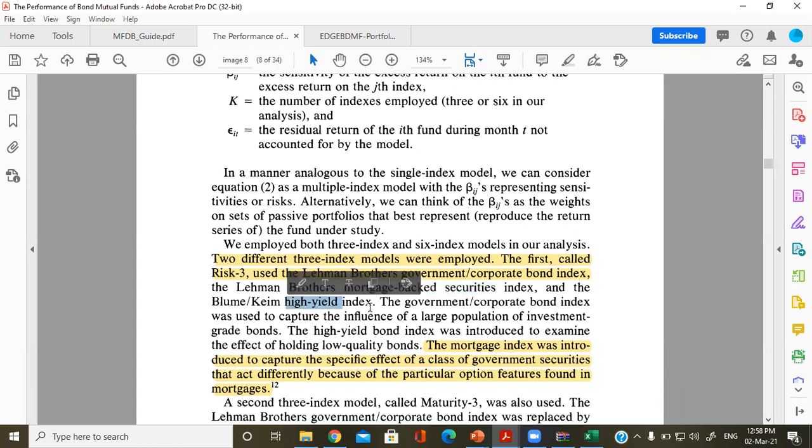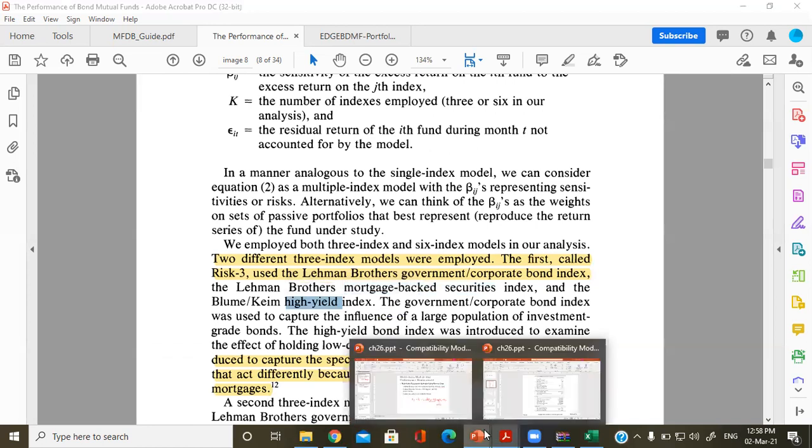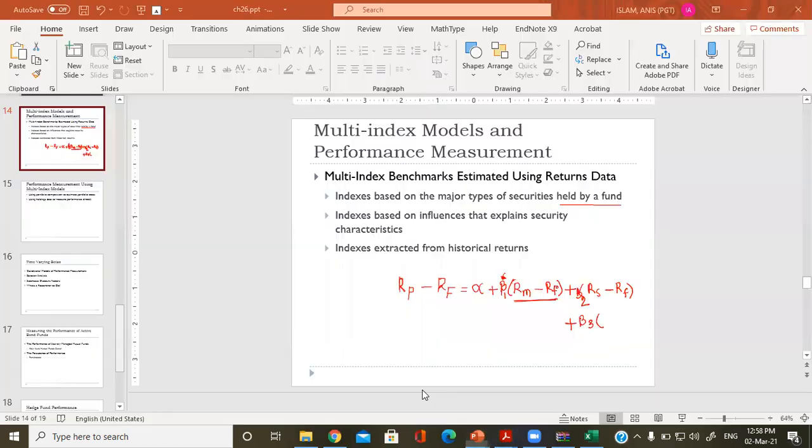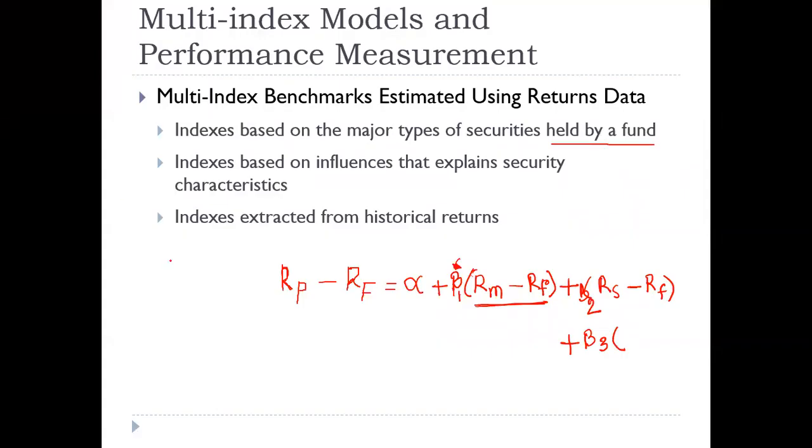So between two types of bonds, for example, bond A and bond B, say bond A has a high likelihood of default, and bond B has a low likelihood of default.